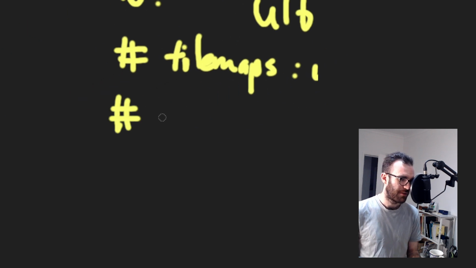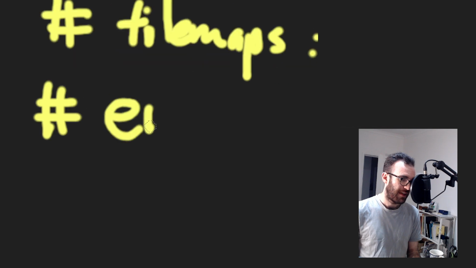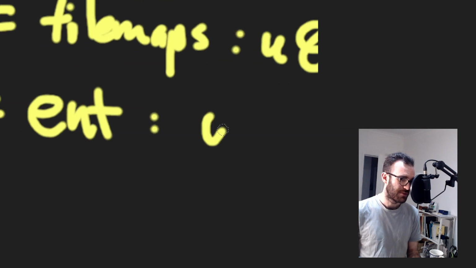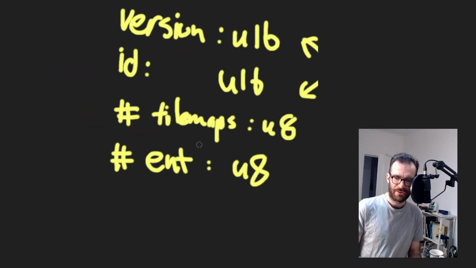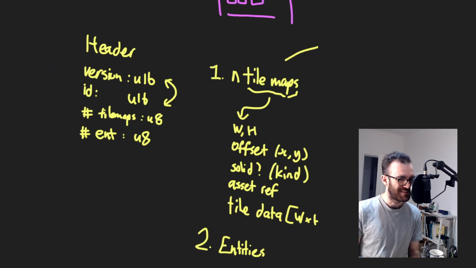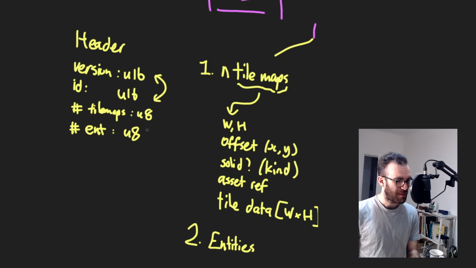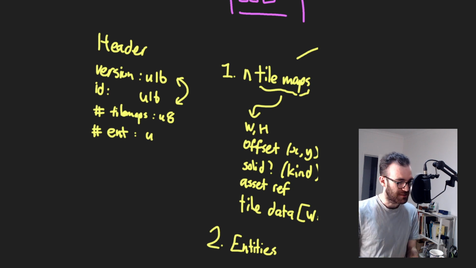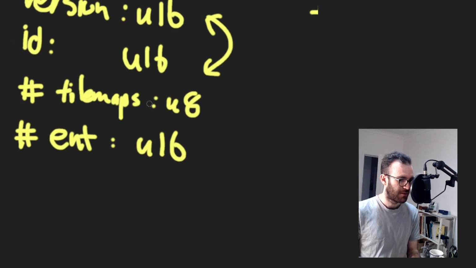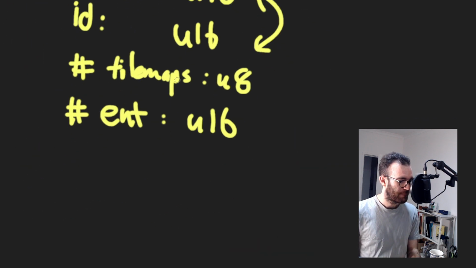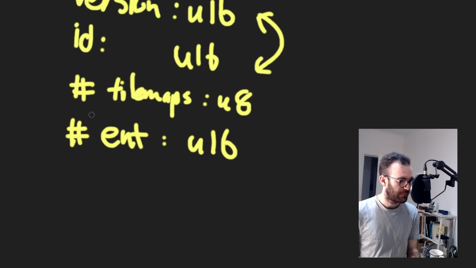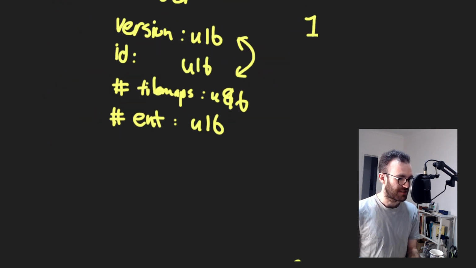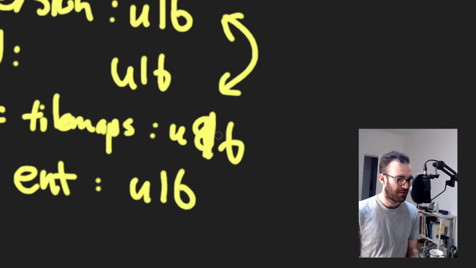And number of entities, which can also be a U8. We don't want loads of entities defined in a chunk. Maybe we do. Let's make it a U16. It can't really hurt, can it? Except for alignment. So I guess this should also be a U16. We'll keep things 16 aligned.